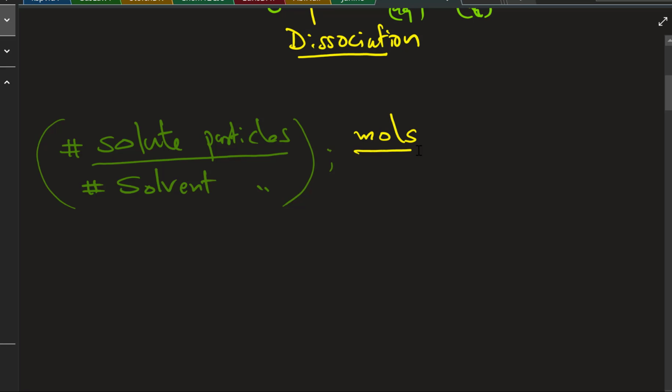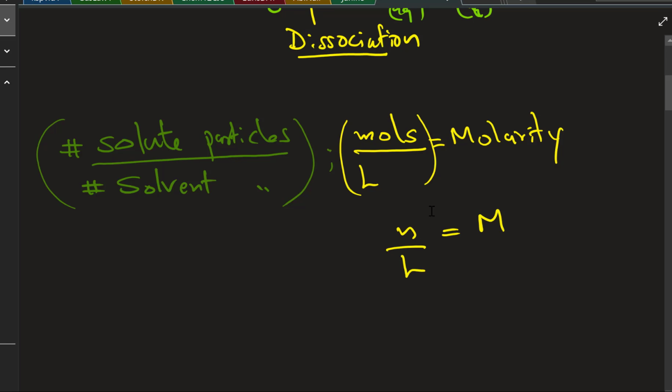For the math, we just use moles divided by L, big L, is equal to molarity, which is big M. So simple n divided by big L is equal to big M, right? That's the easy way to do math.